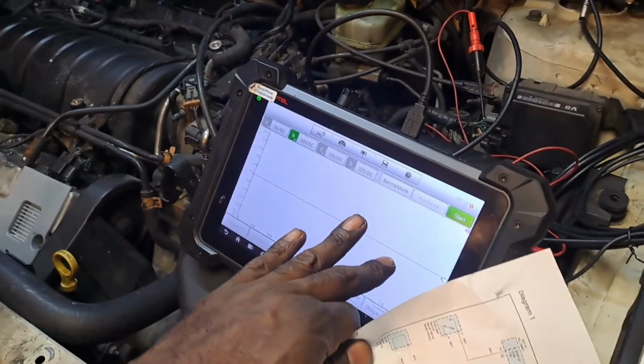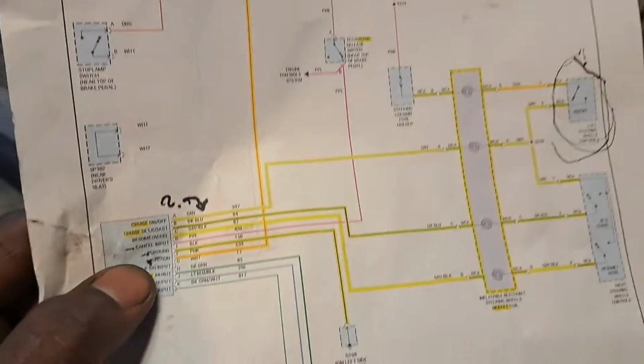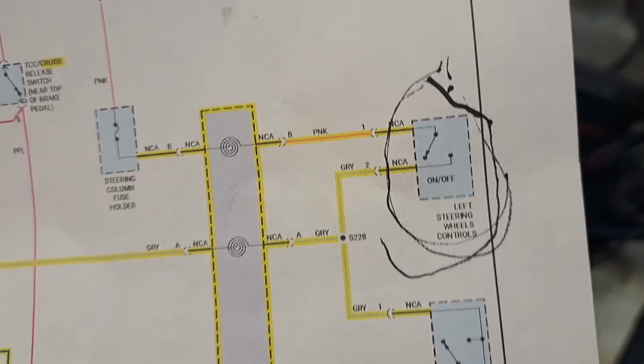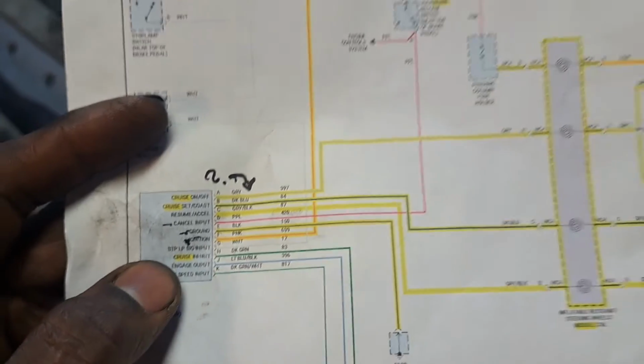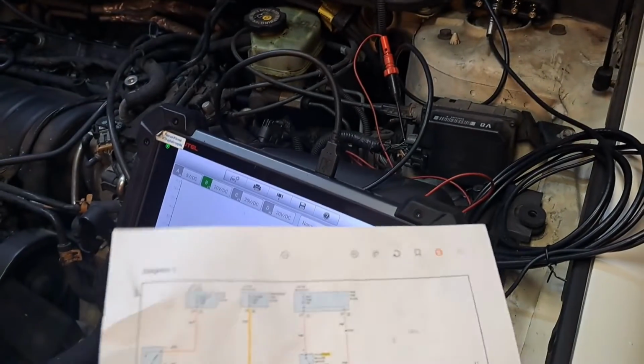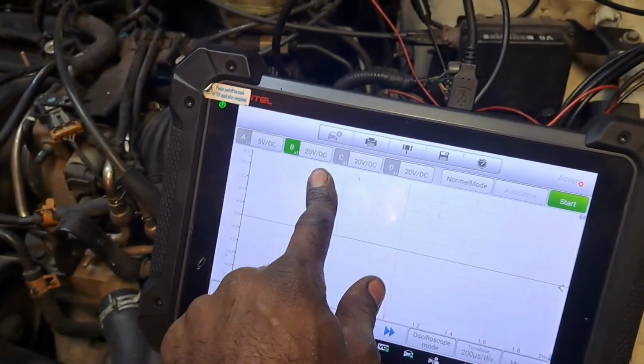So I'm just going to see if I get a square wave when I put it in drive, and if I do, then not only is the switch bad, but the actual unit is bad too. Let's see what happens. I'm on a 20 volt DC scale here.